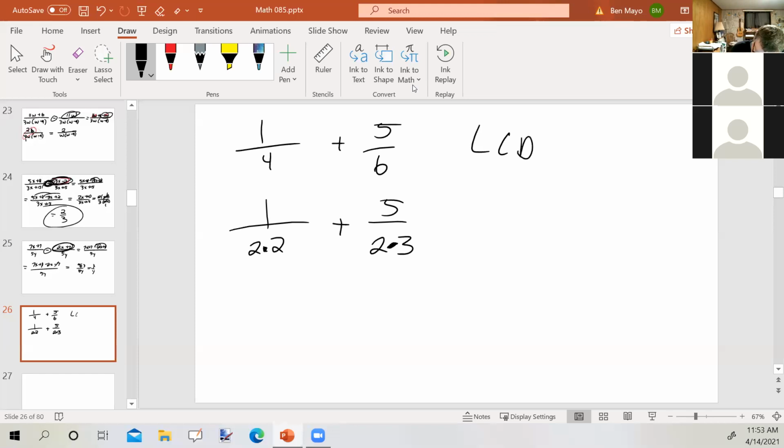The LCD, the least common denominator, is the product of the highest power of each different prime factor within all the different denominators. So I've got 2 squared here, 2 to the first power, 3 to the first power. So it's the product of the highest power of each different prime factor. So I've got 2 squared, 3 to the first power, which is what? 4 times 3 is 12.